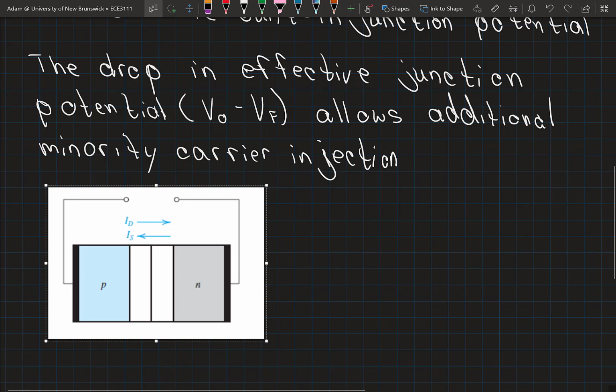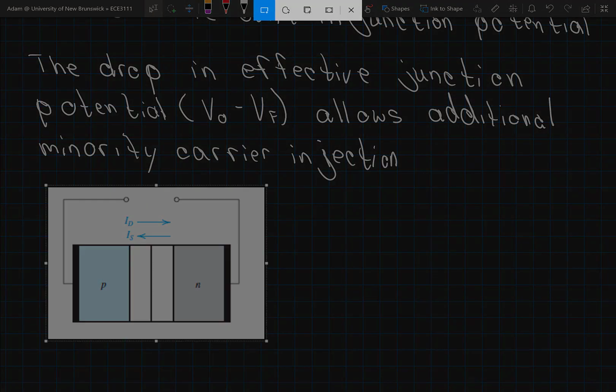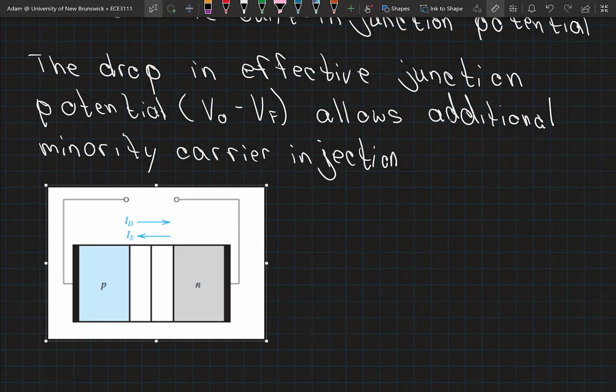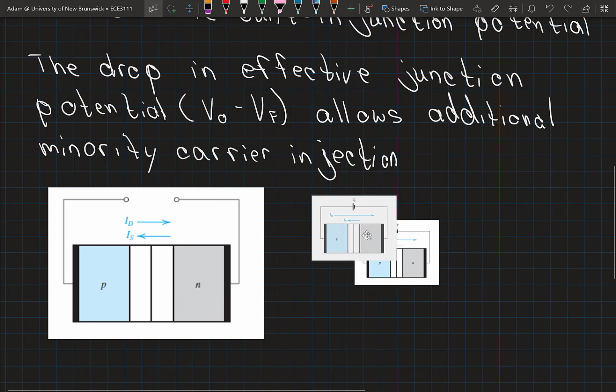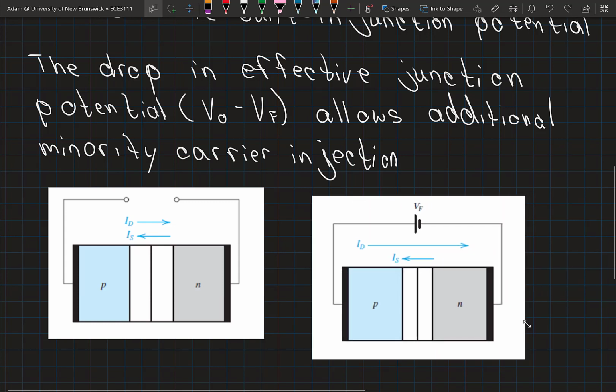Now, with the introduction of our forward bias, we are going to have a surplus of diffusion current due to this effective drop in junction potential, right?